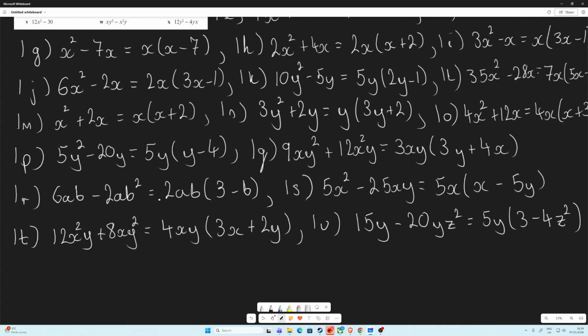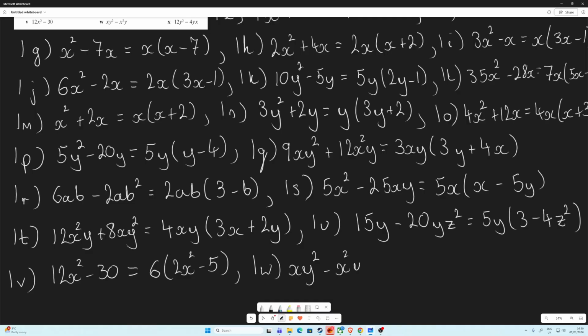And last 3, we have 1v, 12x squared minus 30. All I can take here is 6. So it's 6 into 2x squared minus 5. Okay, 1w, xy squared minus x squared y.